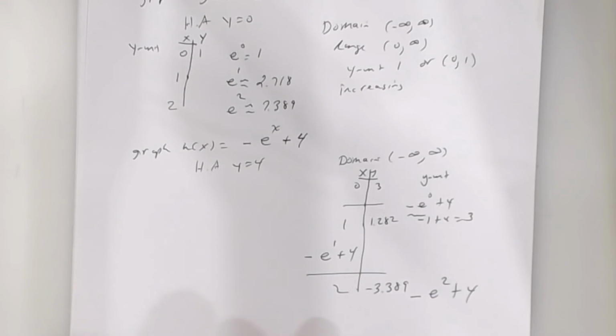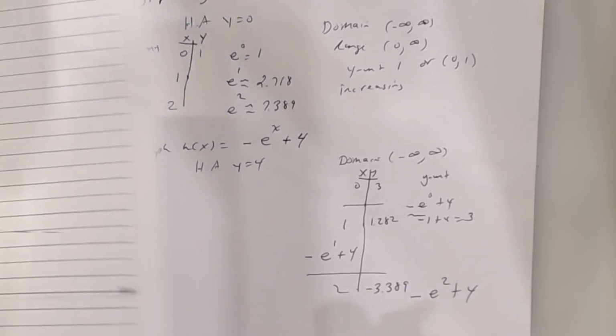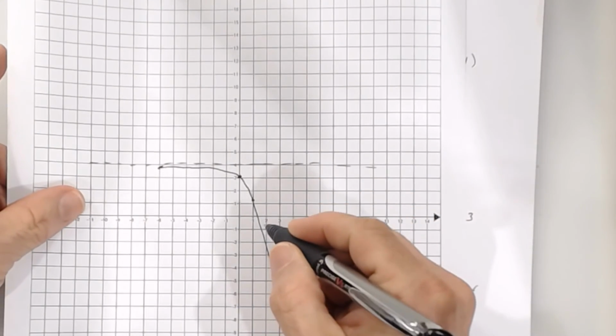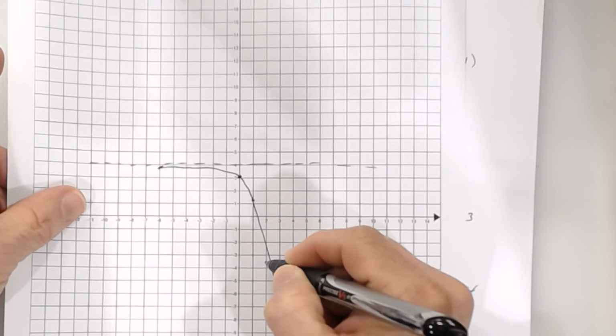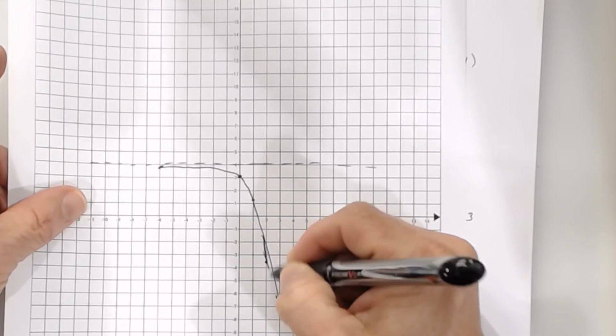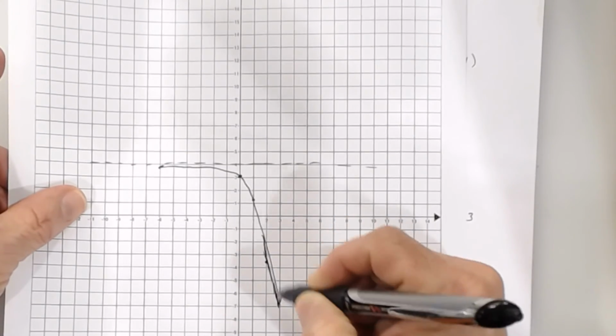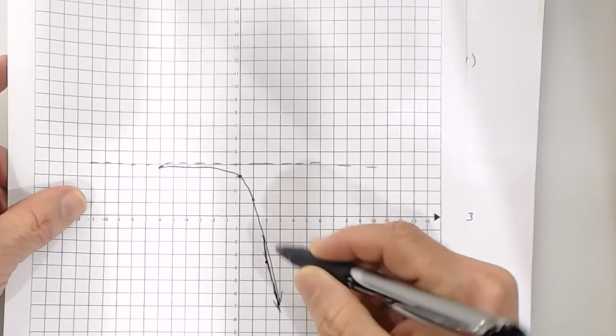I'm just writing what he's telling me. Make sure y'all are checking. I got the same. So (2, negative 3.389) is here. I should have applied the point before graphing it.